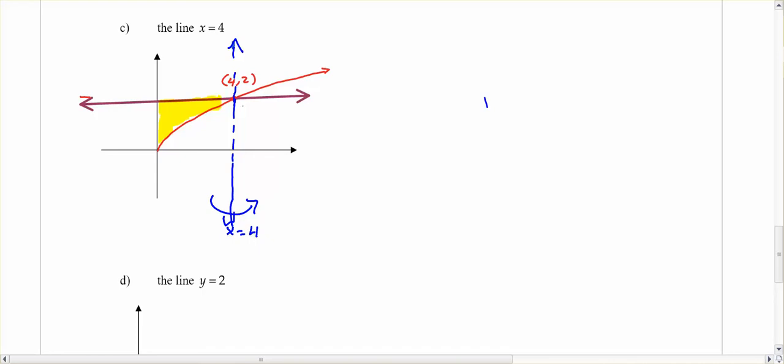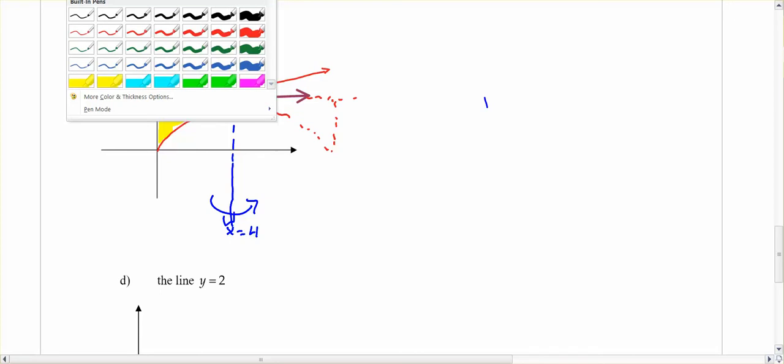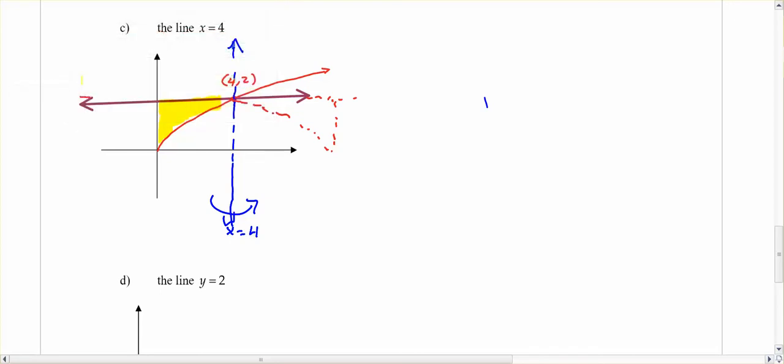Let's see, remember what we do. We reflect our region in the axis of revolution, something like that. And here is what we get when we reflect it. Kind of big on the right hand side, never mind.